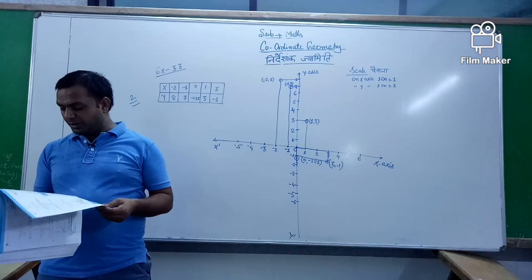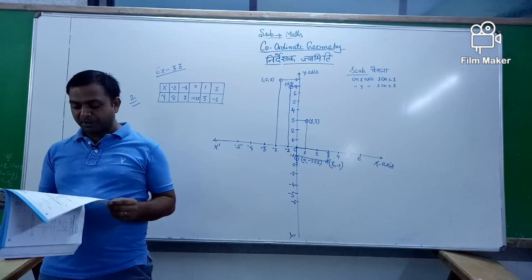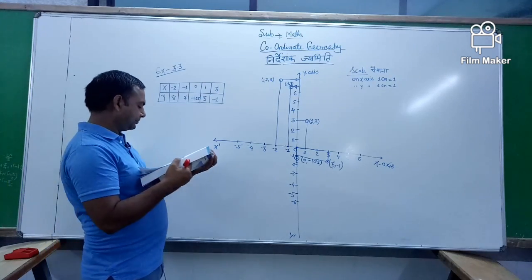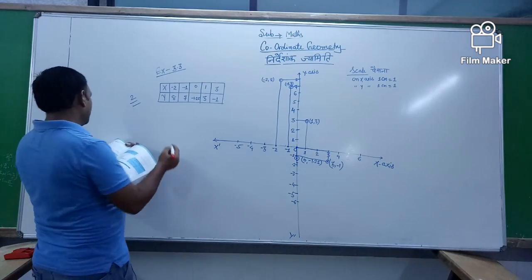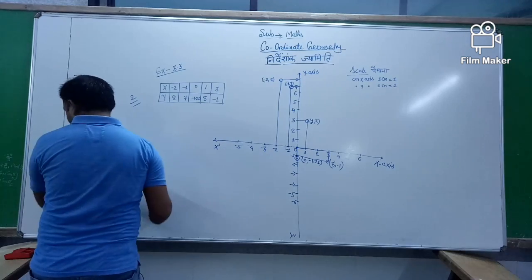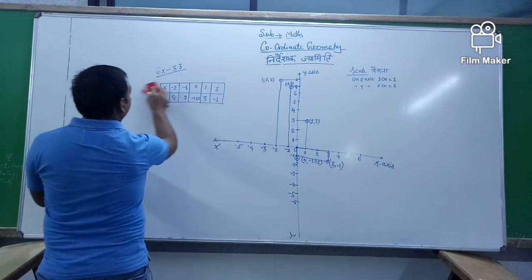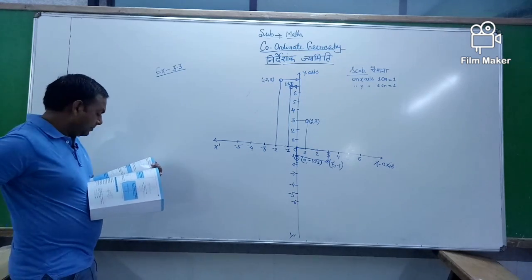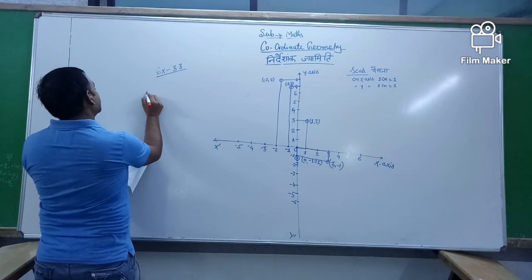So we give one question for the homework. Suppose that here points are given. Here the points are the examples for one question. For example, you draw these points.